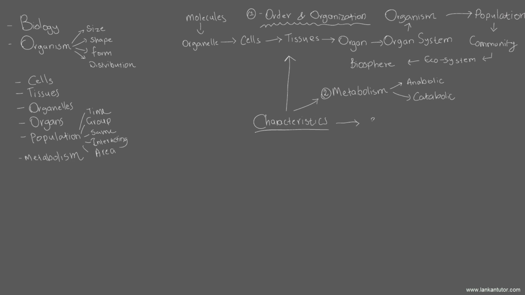The third characteristic is growth and development. Every living thing grows in one way or another, be it a linear growth like trees or a completely different curve. There are 3 stages of growth: cell division, cell expansion, and cell differentiation.